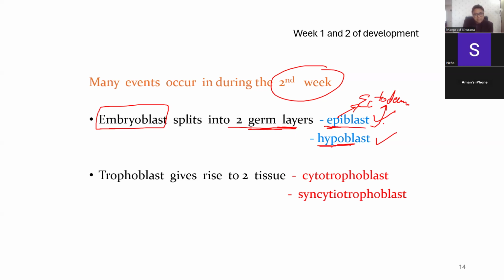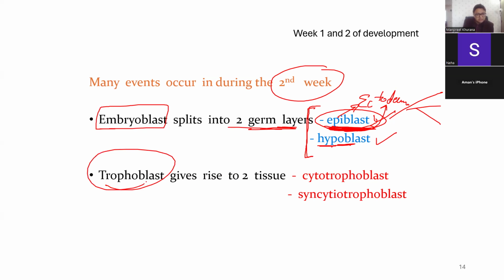Actually, epiblast only gives rise to all three germ layers, ecto, meso, and endo. We'll discuss how in detail. This is very important because sometimes there is a question in the exam about which germ layer gives rise to ecto, meso, and endo. That is the epiblast. So always remember that epiblast is the source of all three germ layers. We'll discuss in detail, don't worry.